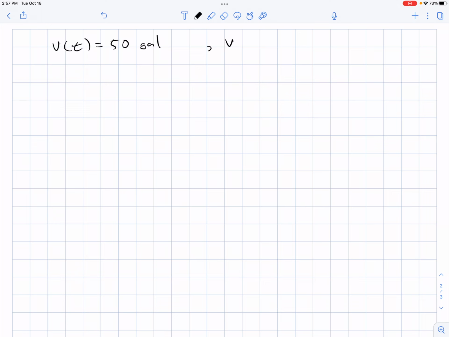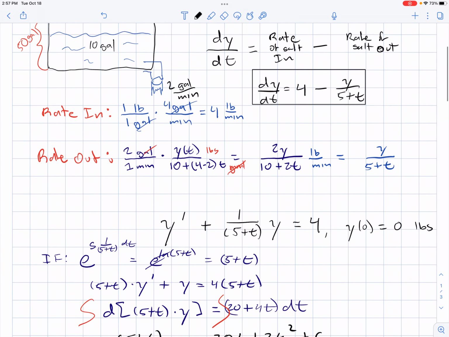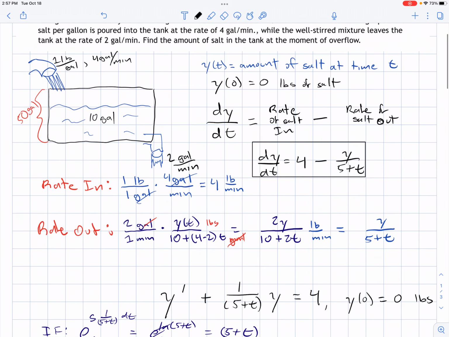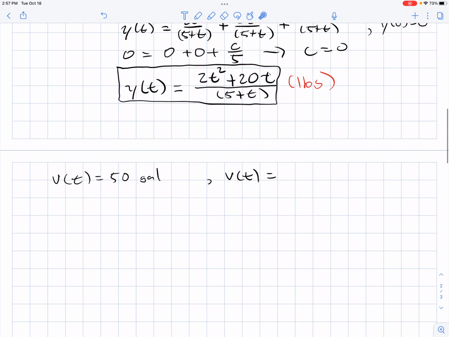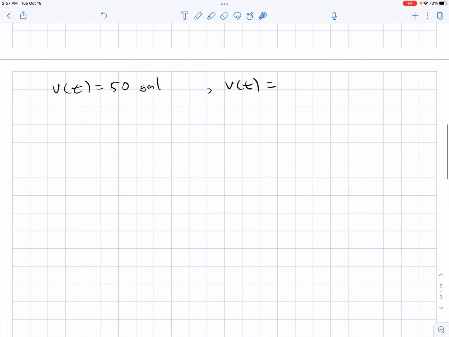And the volume of the tank, we actually kind of saw that, because if you go up here, that's actually right around here, because that's the volume of the tank at time t. We know that that is 10 plus 2t. And again, that's in terms of gallons.